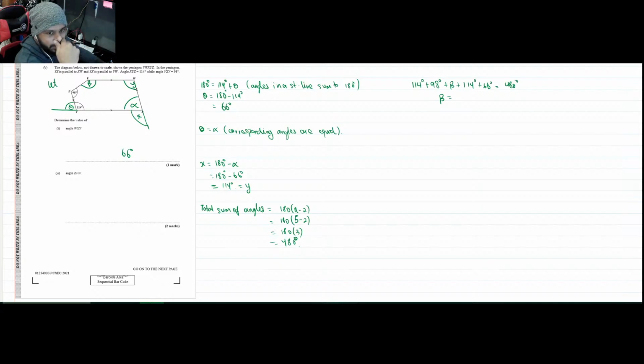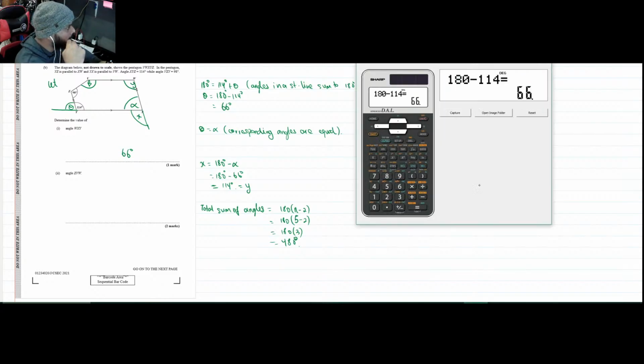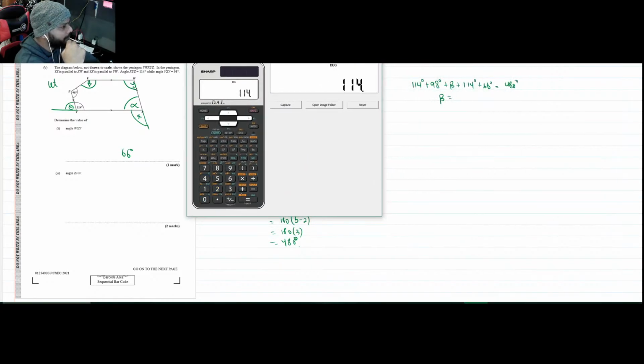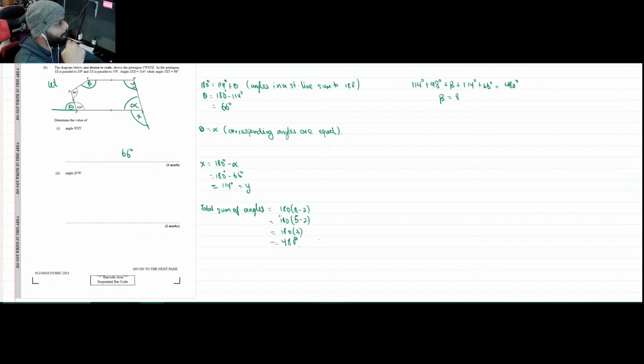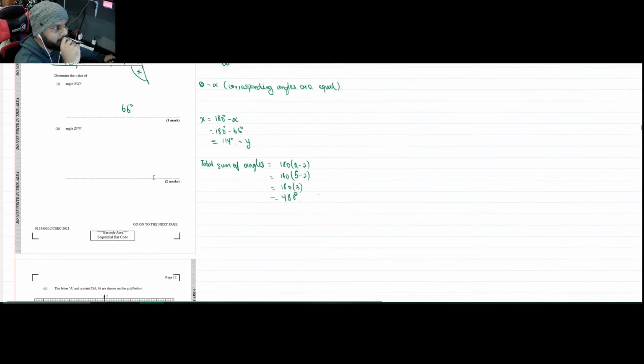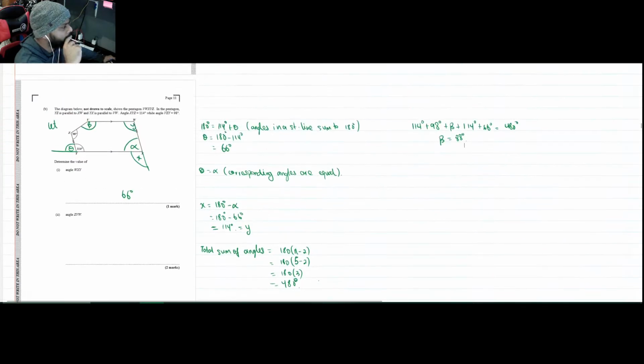Rearrange and calculate for beta. 114 plus 98 plus 114 plus 66, take away 480, and I get 88 degrees.